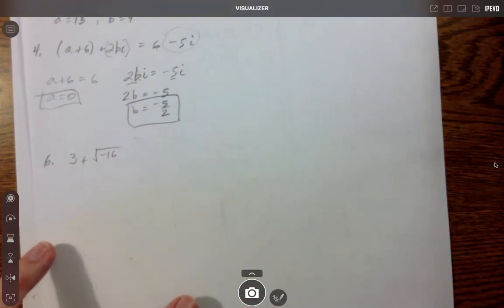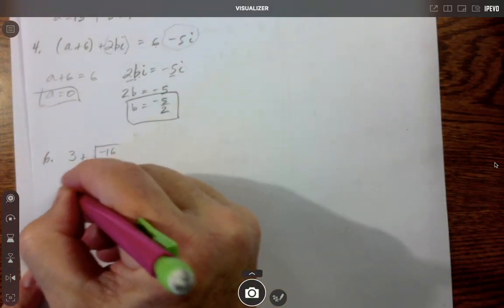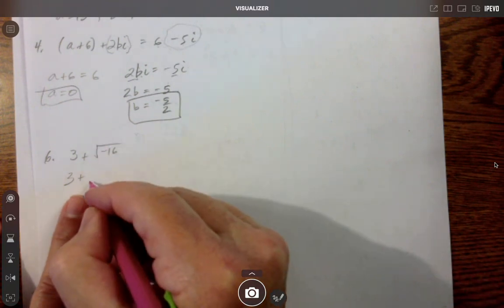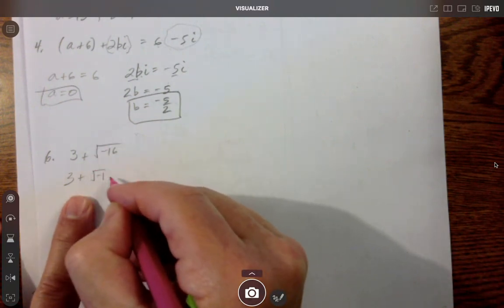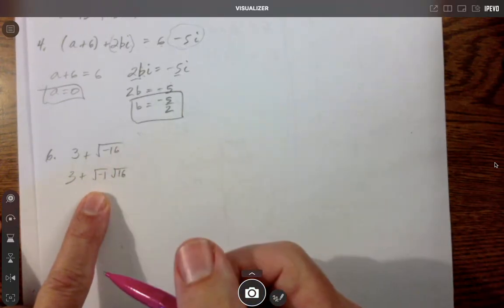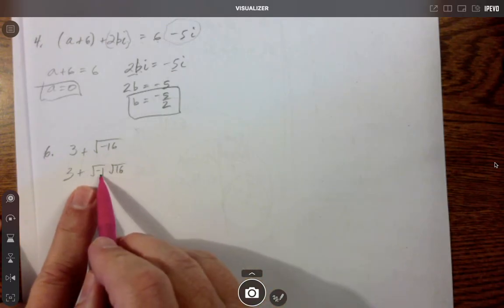So what I'm going to do is break this up into 2 numbers. So I'm going to break this up into negative 1 and 16, right? Because if I multiply negative 1 by 16, I get negative 16. And then as we learned on the previous side of this paper, that's an i right there, right?